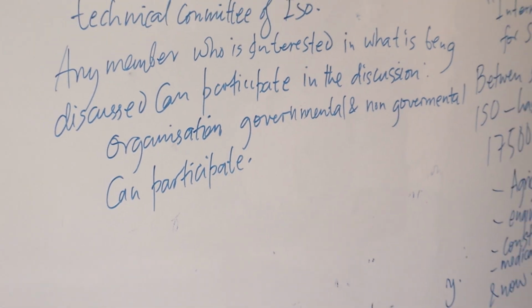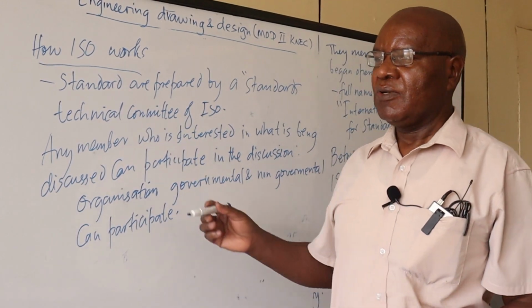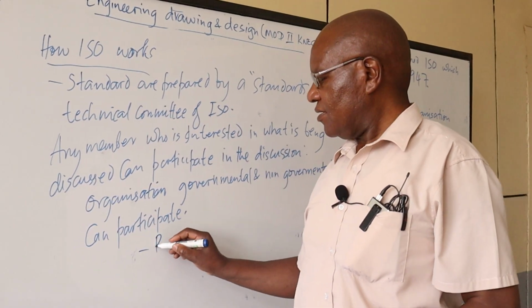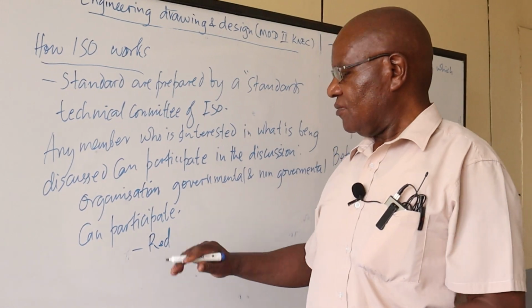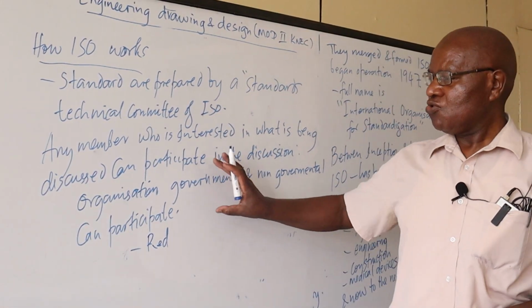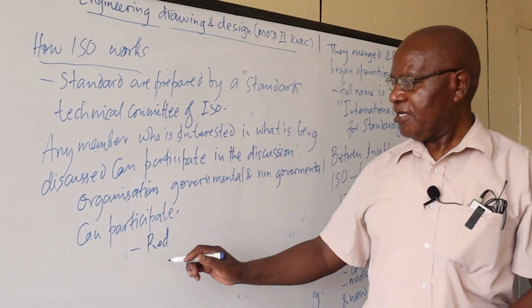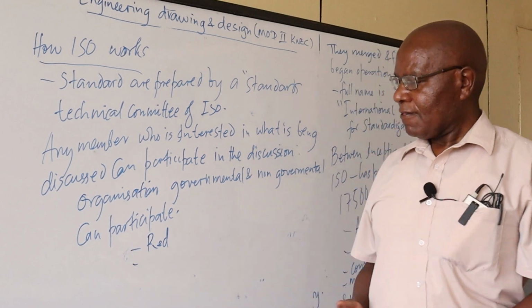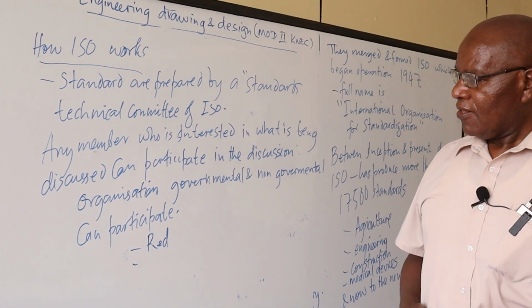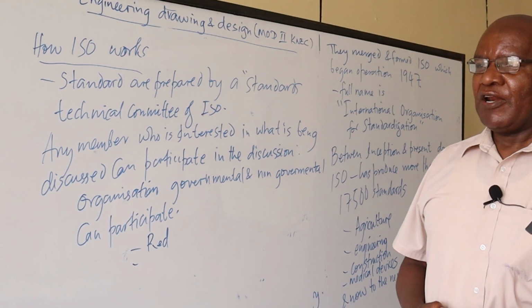Now, these other organizations, like which ones? Well, we do have things like the Red Cross, which cuts across the world. They don't belong to any country, but they can be allowed to participate. Government organizations, well, in Kenya, we have got the Ministry of Natural Environment.